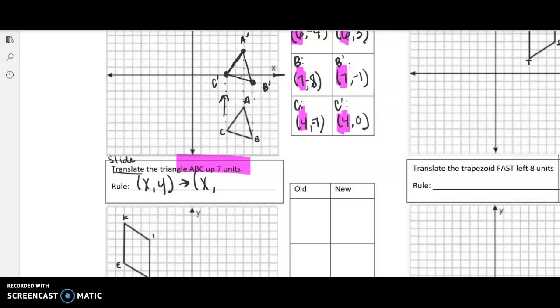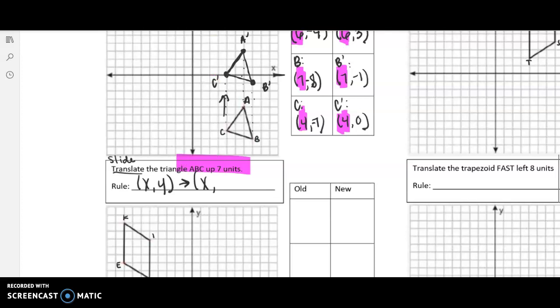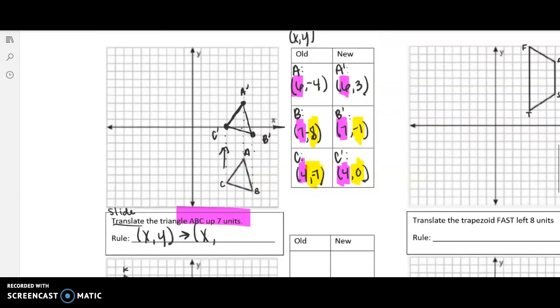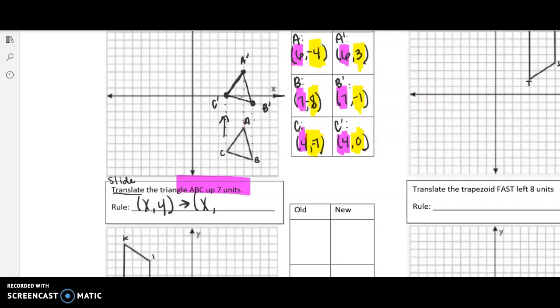And now let's look at our Y values. My Y values did change. And so my rule said that I went up 7. So I took my Y plus, because up is positive direction, and then 7.